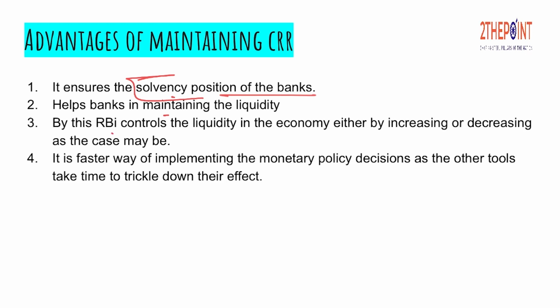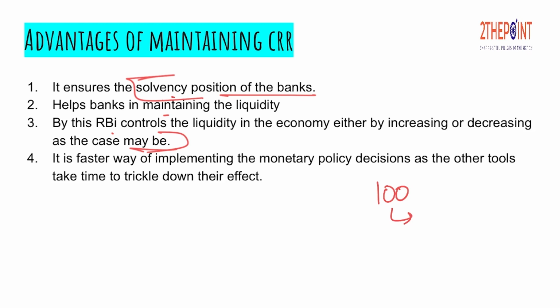Then third is, by this RBI controls the liquidity in the economy, either by increasing or decreasing as the case may be. Now this I'll explain to you via an example. For example, we'll consider that there is a 100 rupees deposit coming to the bank on some day. Do you think the bank can lend out this whole money in the market as a loan? No, certainly not, because they have to keep some money as a reserve.